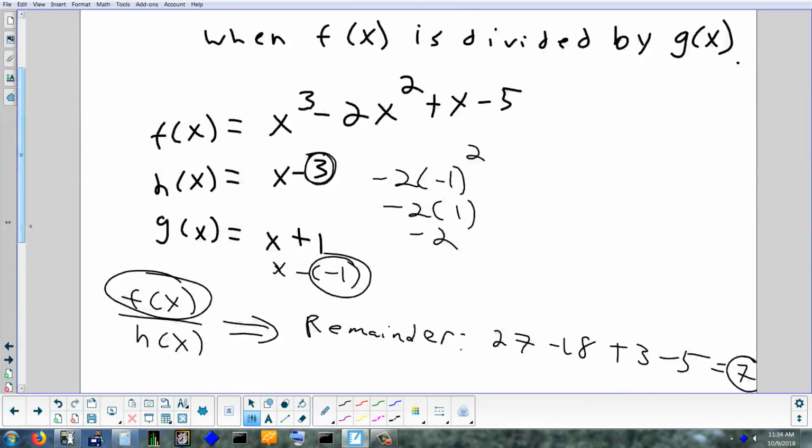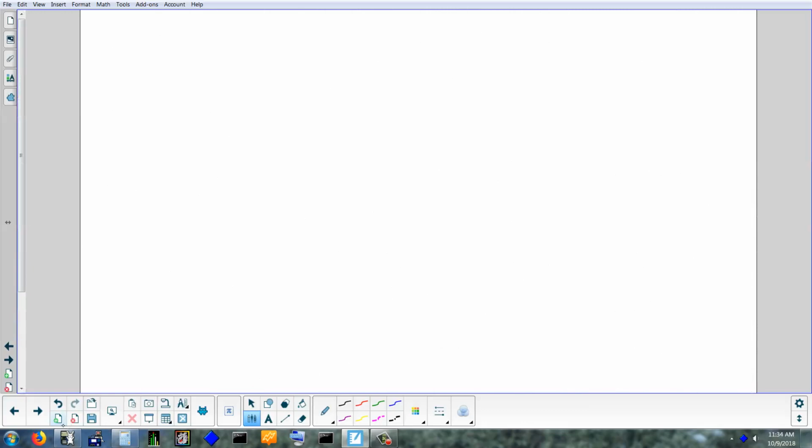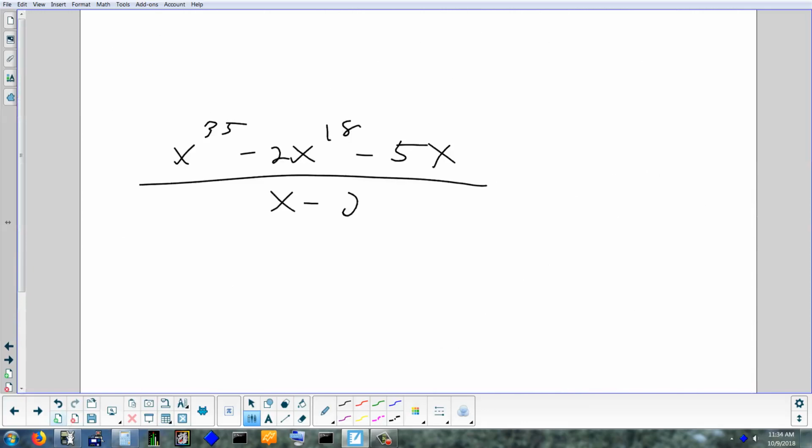Okay, remainder theorem is very handy, especially if I gave you something like that and I said to you, what's the remainder there? Well, if you want to set that up with long division, you're going to have to fill in 0x to the 34th, 33rd, 32nd, every single term you're missing from 35 all the way down. So it's going to be really hard to fill all those in.